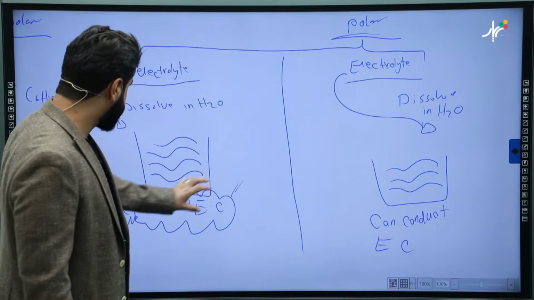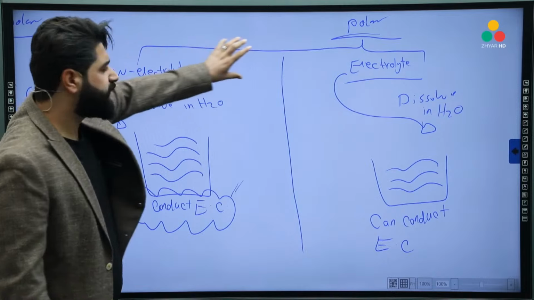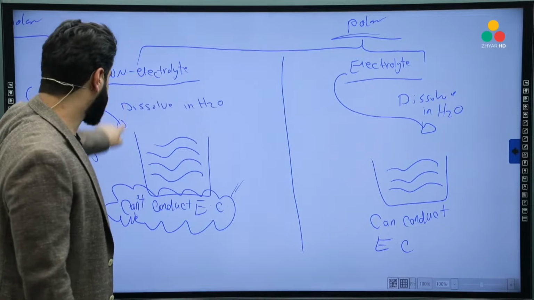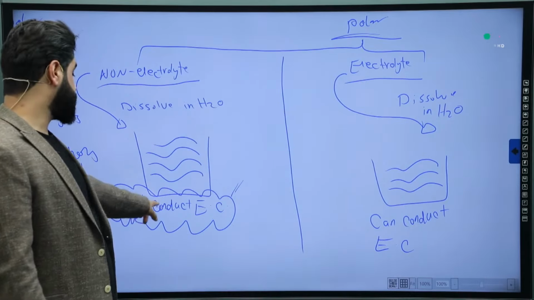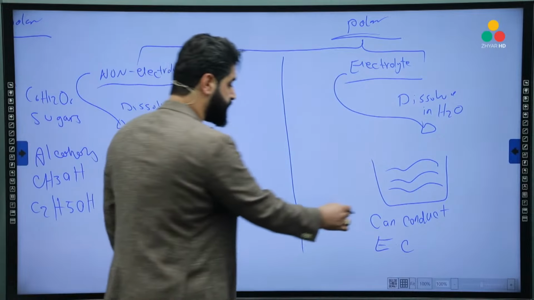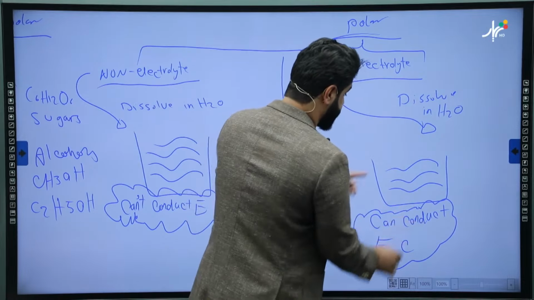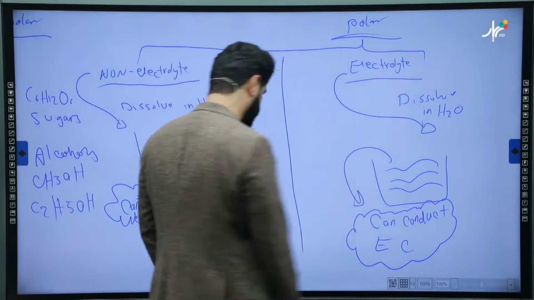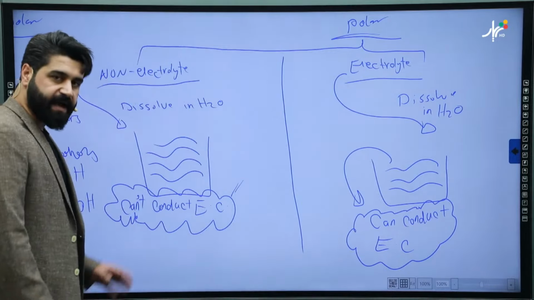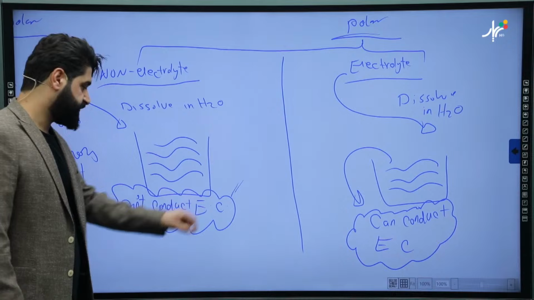This is the exact difference between non-electrolyte and electrolyte. An aqueous solution of a non-electrolyte cannot conduct electric current, but an electrolyte can. Why do we have this difference?